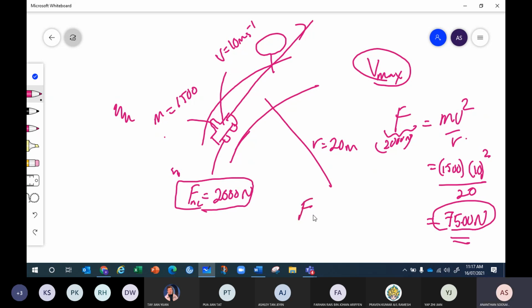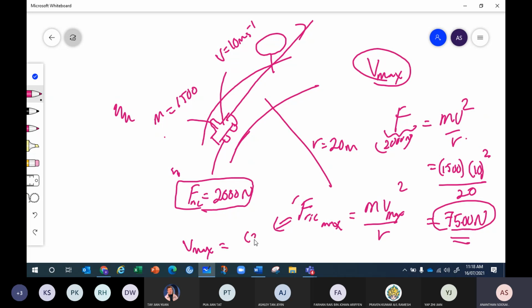The maximum friction should be equal to mv max squared over r, with v max the maximum speed. This is your working. From here, we can work out the Vmax. Just rearrange to get the Vmax.